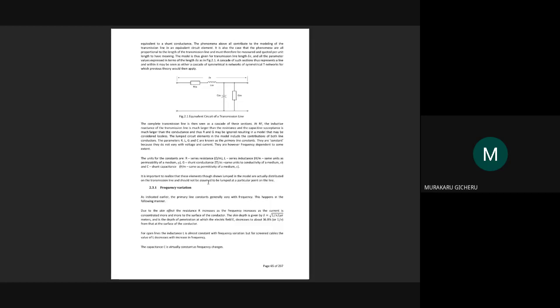These elements are shown lumped in the equivalent circuit, but in reality they're actually distributed, so they should not be assumed to be lumped.